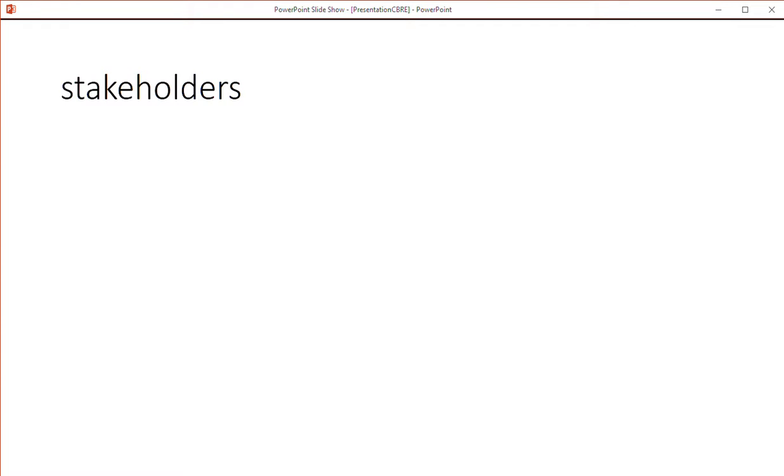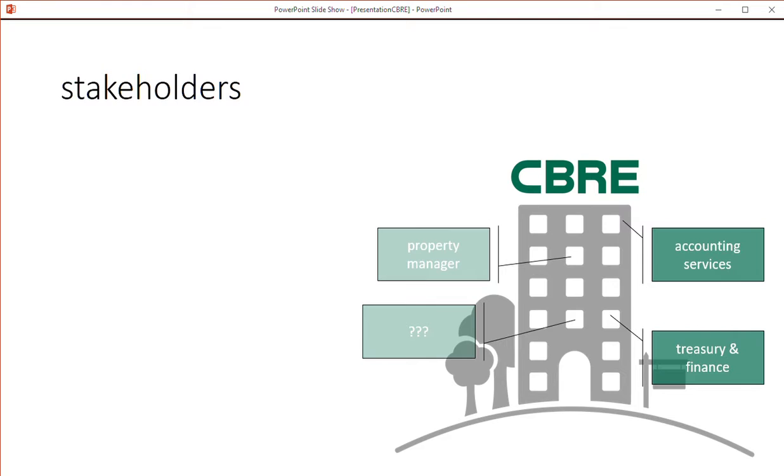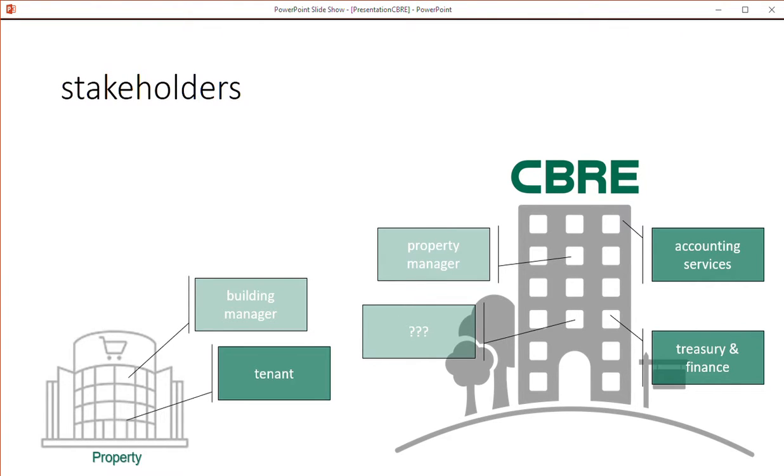But we have in mind that people interested in reporting are not only internal but also external to the property and the landlord itself. And what we have done was something for the accounting service and for the tenant, something that can be shared with someone outside the organization.